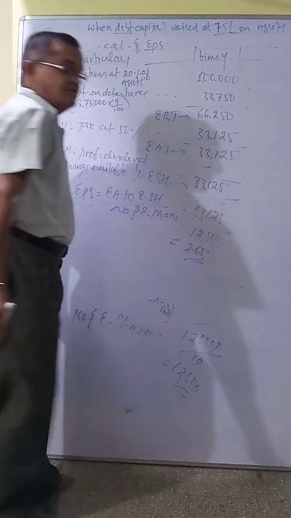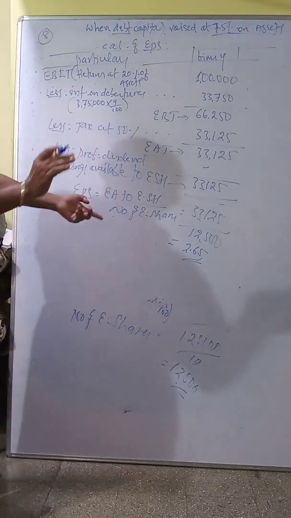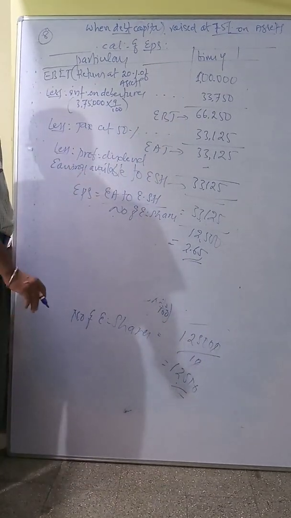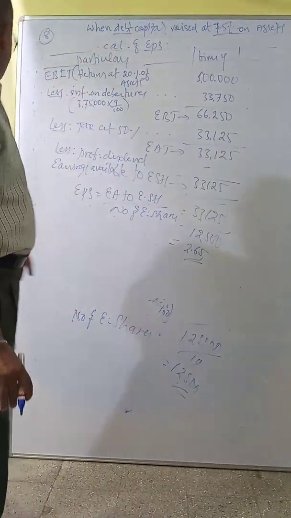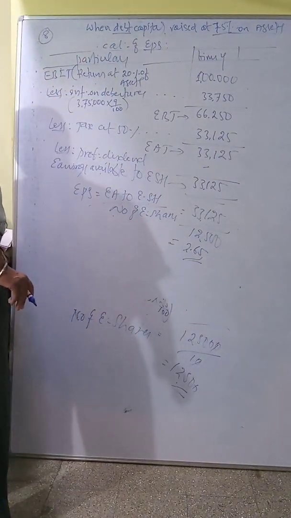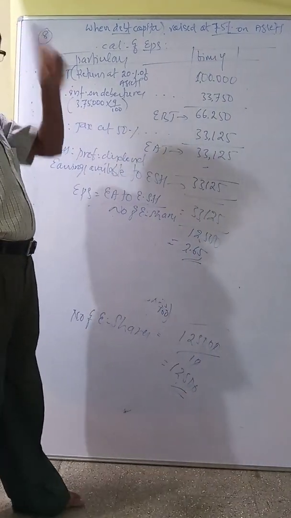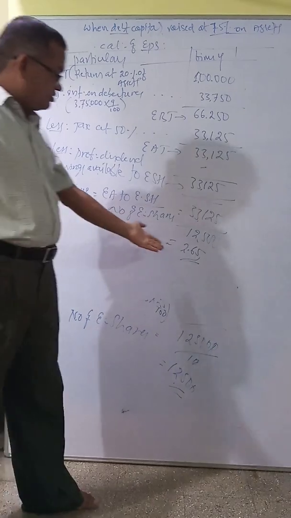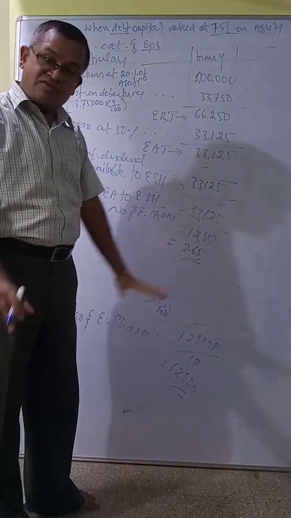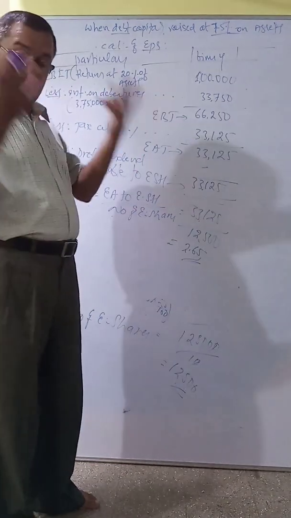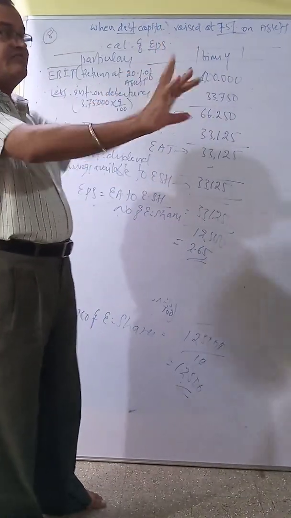So you write the conclusion: it is an advantage to firm Y to raise financing with 75% debt finance because it increases the EPS from the old 1.55 to 2.65. Okay.